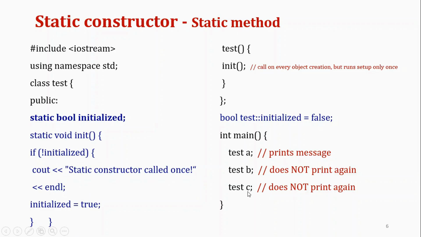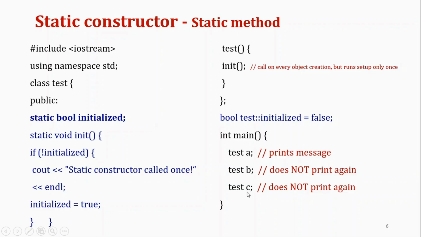Coming to the third object, test C, because initialized is a static member data, only one copy will be there, shared among all the objects. For the second object, initialized is true, so this condition will fail and cout is never printed.